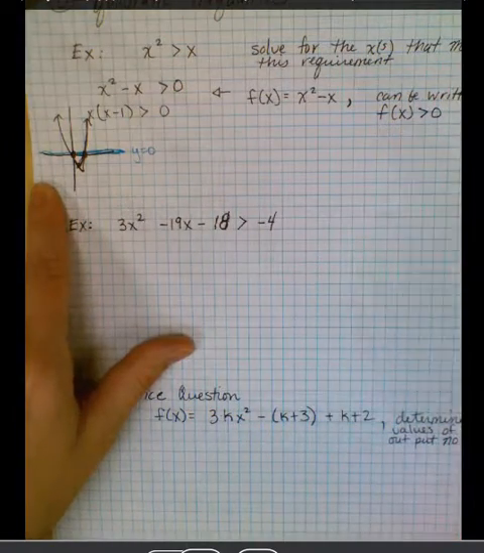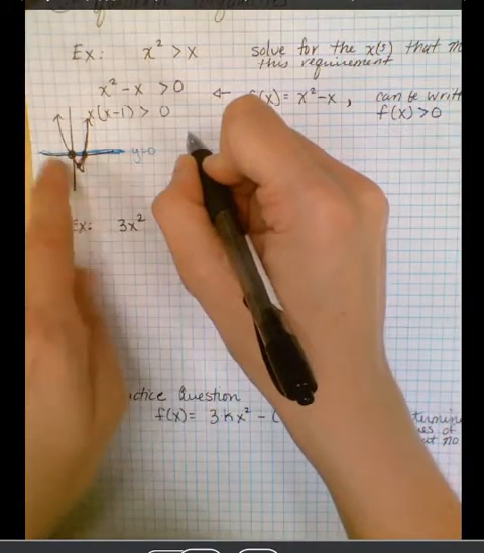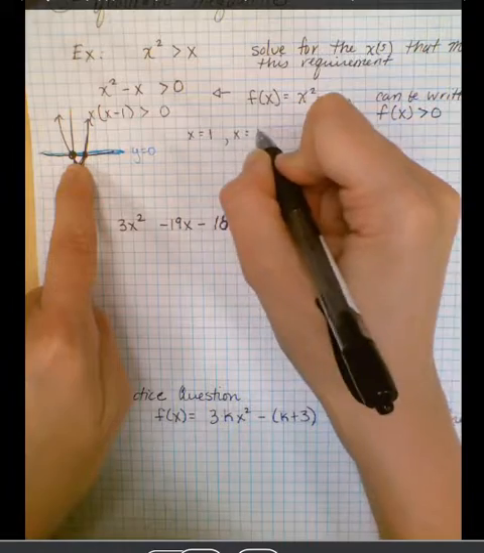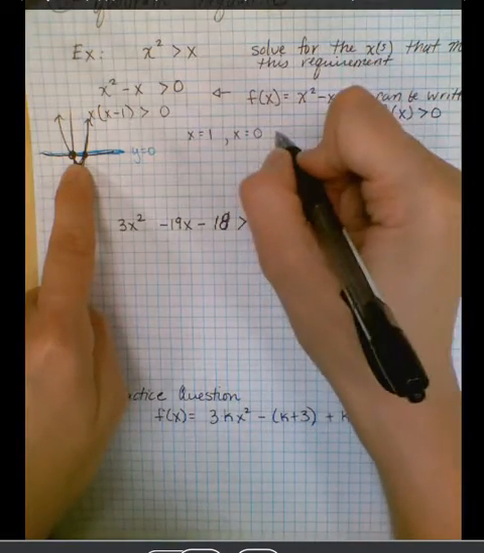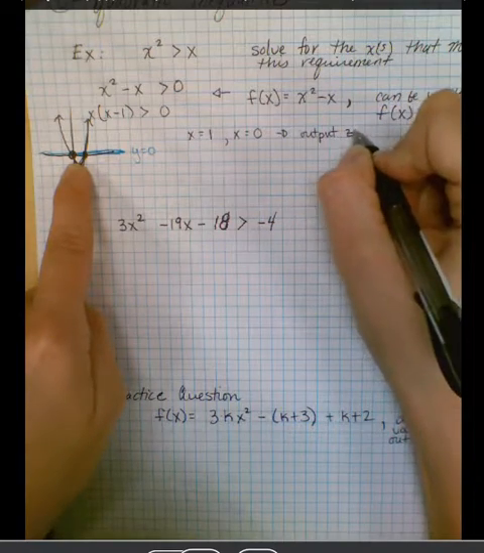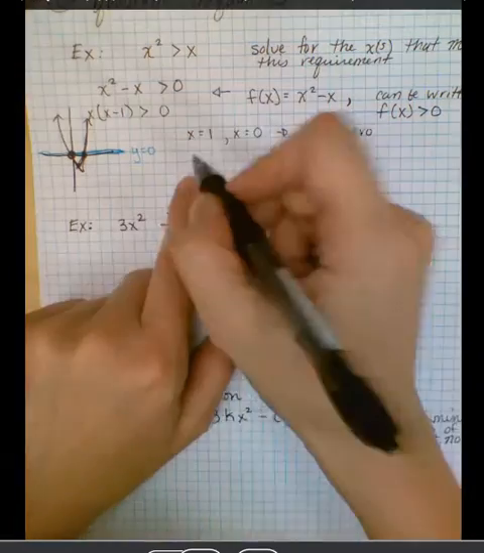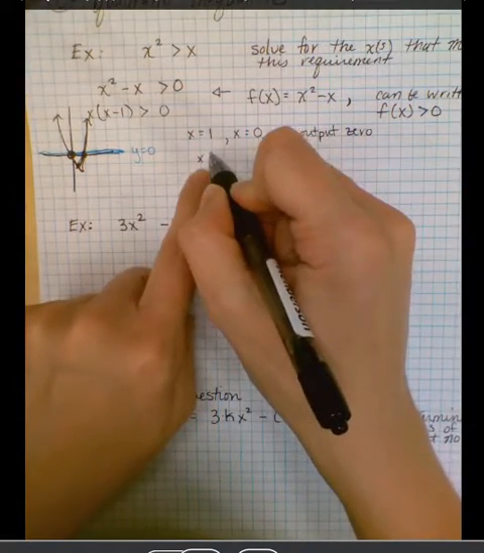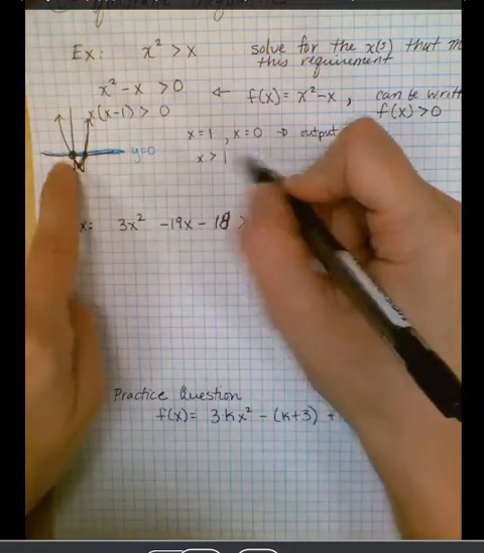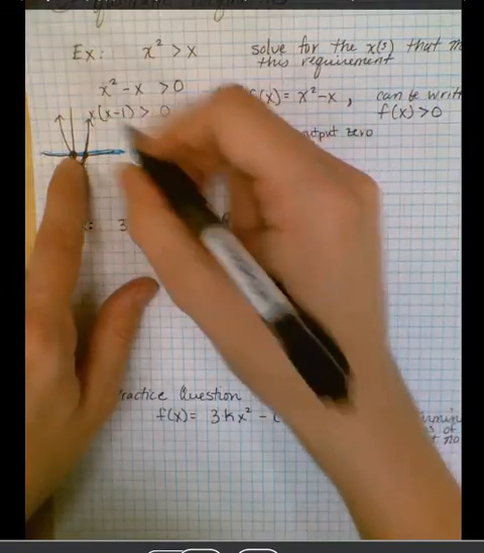Okay, so when I'm looking at this graph right here, I can see that x actually equals 0 at 1 and x equals 0 at 0. So both of these output 0. If I want to know when the output is greater than 0, it's when x is greater than 1, and when x is less than 0.